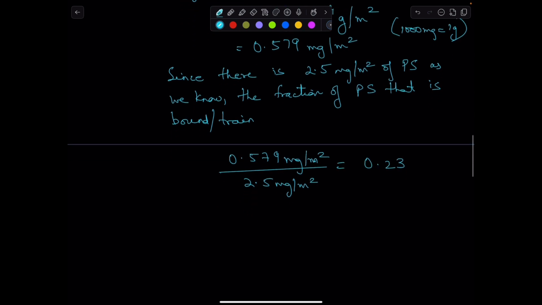So 0.23 is the bound fraction, or the fraction which is in the form of a train or pancake.